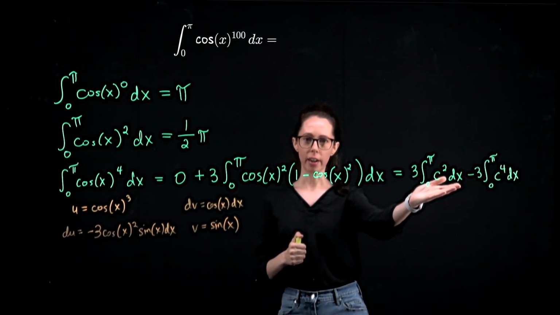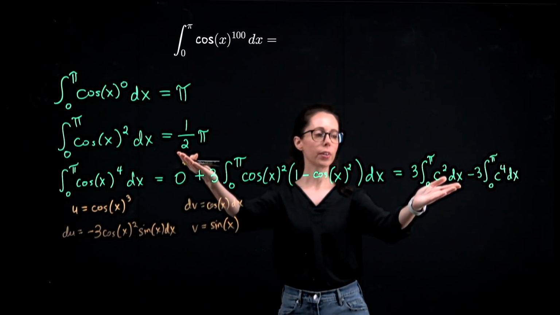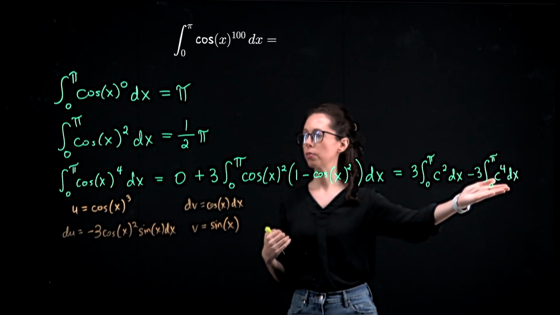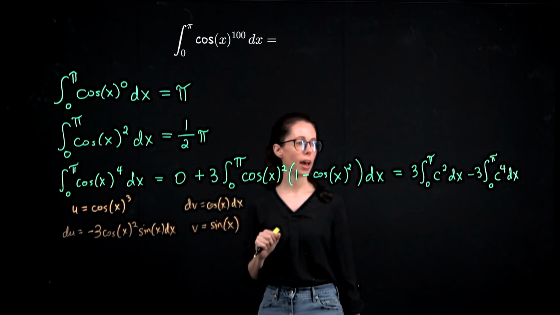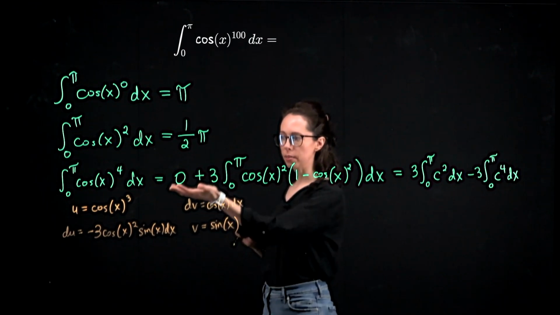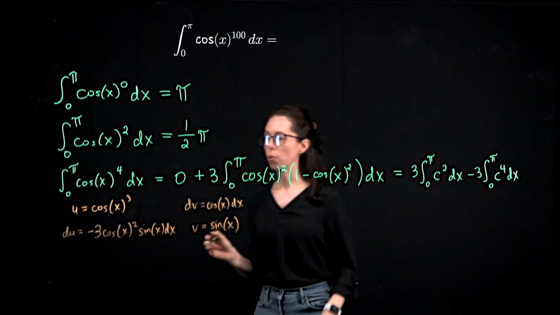We just figured out what this was. This was pi over 2. This is what we're solving for. Just like before, let's combine it into an algebraic expression. So we will have 3 copies of the integral we're looking for come over, giving us 4 total.